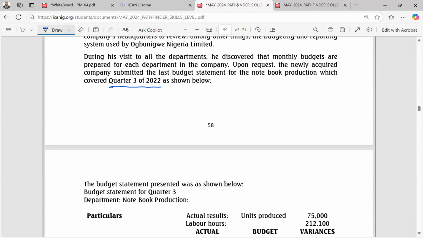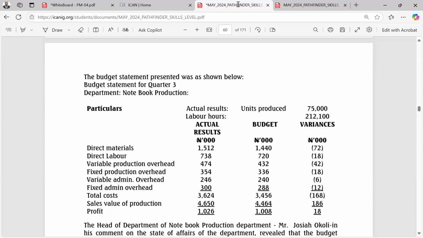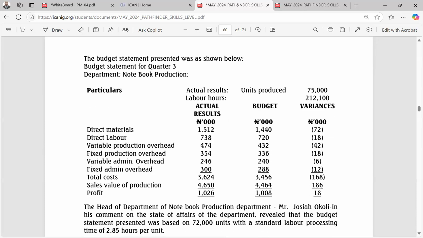Q3 of 2022. Now, if you look at it now, budget statement presented was as shown below. Budget statement for Q3, department notebook production. We have particulars, actual results. Now, look at actual results.